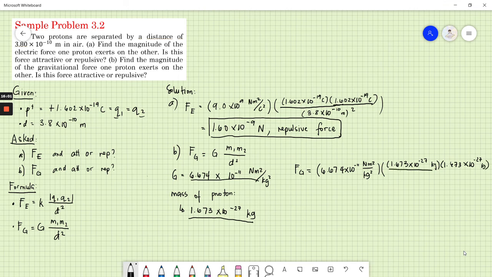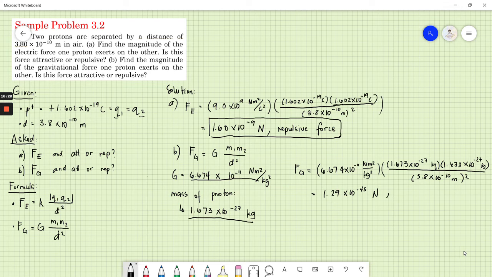All of this divided by the distance between the two protons squared, which is 3.8 times 10 raised to negative 10 meters squared. And the value of Fg is actually equal to 1.29 times 10 raised to negative 45 newtons.